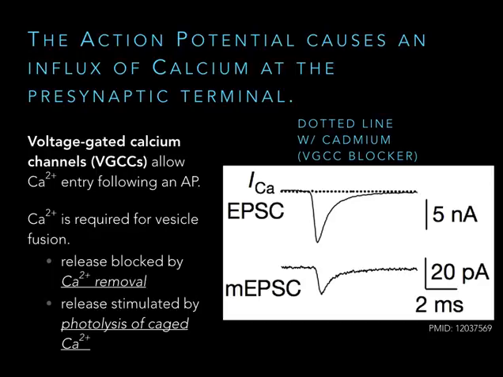So what you'll notice is that there's that downward deflection. That's showing you the movement of sodium into the cell. And this occurs unless we apply cadmium. Cadmium will block voltage-gated calcium channels. So you'll notice that that little dotted line doesn't have the same downward deflection. And that's because without the activity of voltage-gated calcium channels, we can't generate these postsynaptic currents because we can't release neurotransmitter.